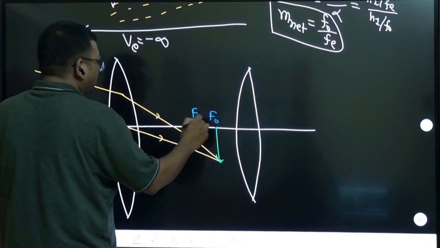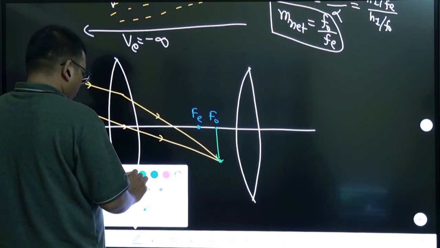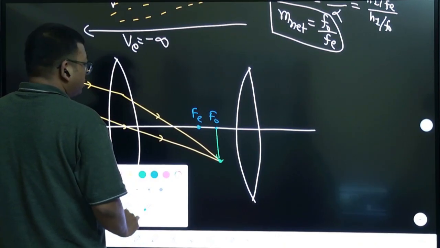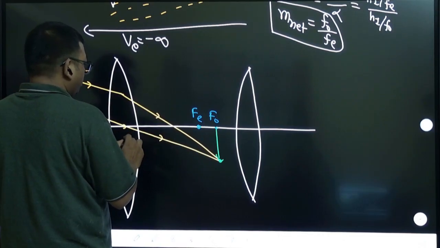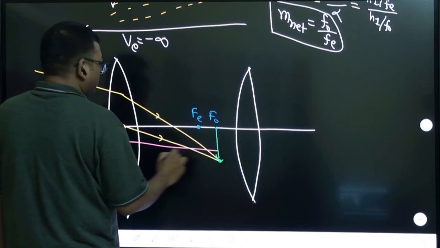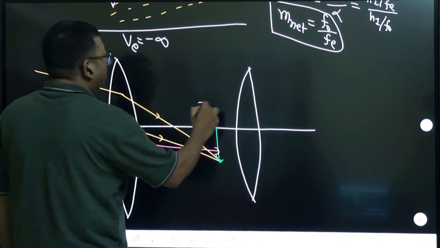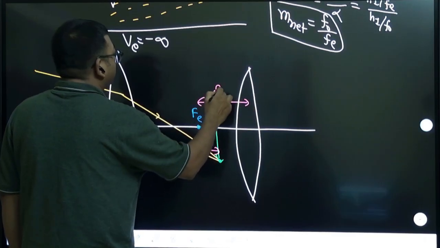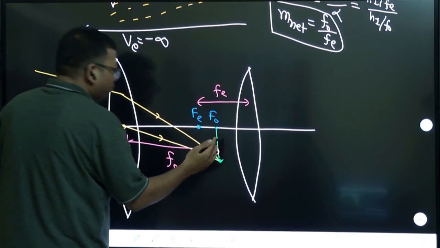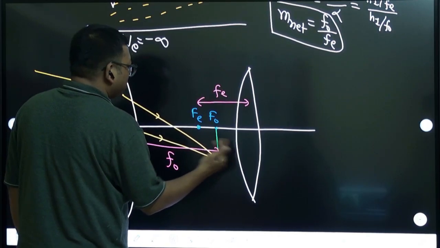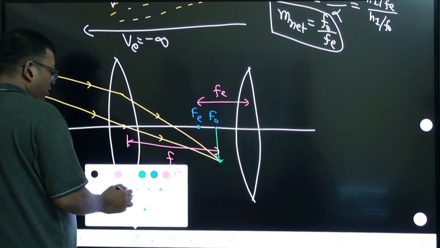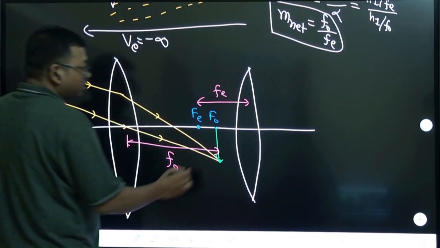Eyepiece focus is coming here, okay? So this length is the focal length of objective and this length is eyepiece focus.